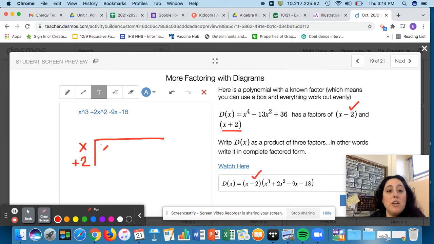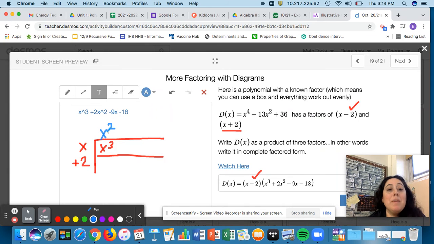So I know the first term, x cubed, will be in the top left-hand corner. Now let's do the rest of it. X times what is x to the third? X squared.